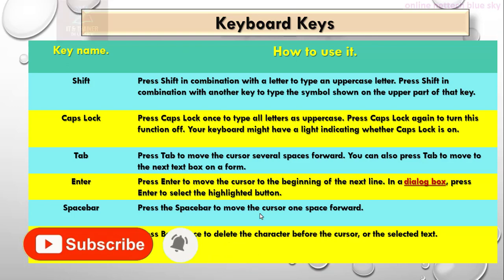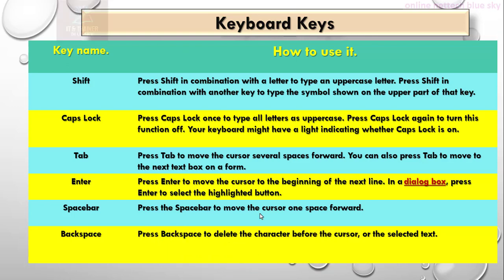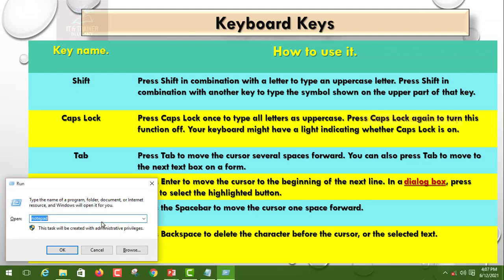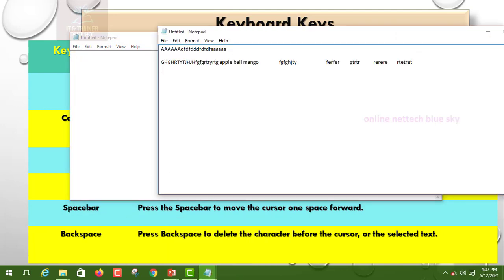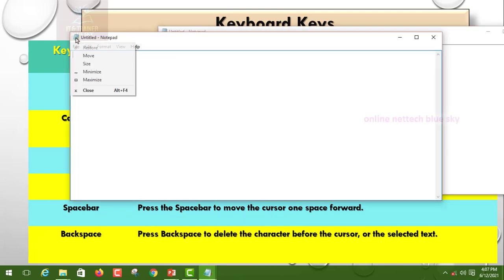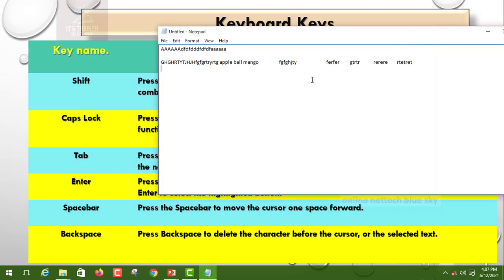Space bar shows a space forward. You can see here this is the space button, and inside Notepad this is the space, and it gives only a single space forward.